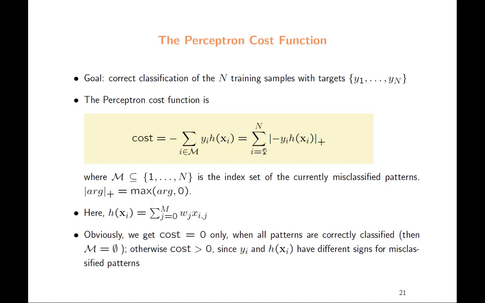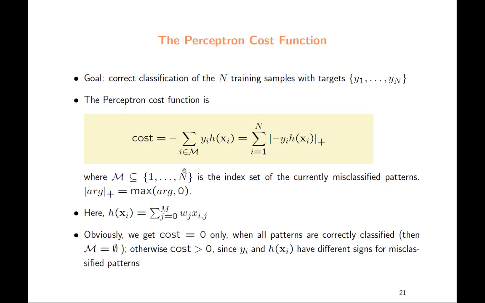You can also write it as a sum over all training data if you consider this function which returns the argument, the input, or 0, whichever is larger. Again, the correctly classified patterns drop out of the cost function because they would be in this range, and the misclassified ones get this minus yh contribution to the cost function. And here h of x is the sum of the inputs. We already know that.